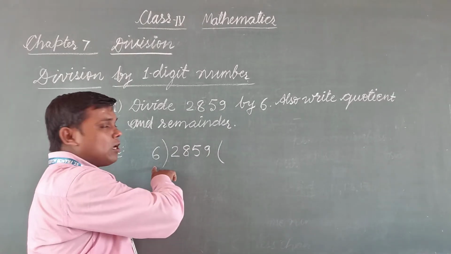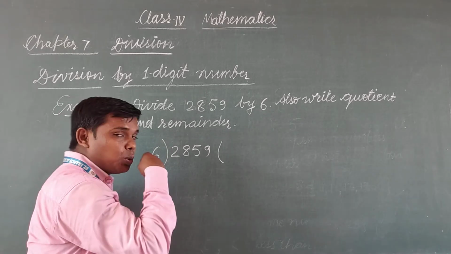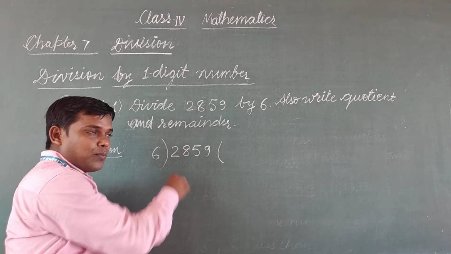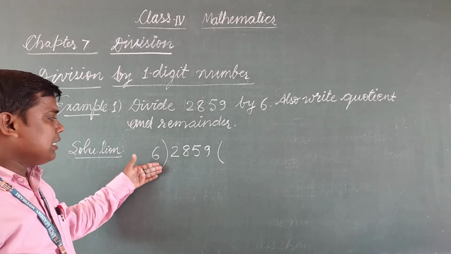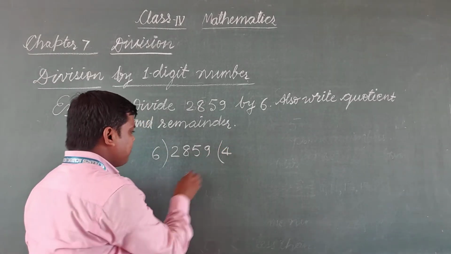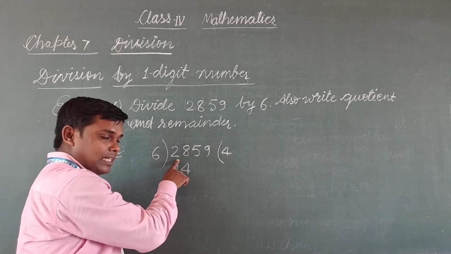We read table of 6 to reach near 28. When we read table, then 6 4s are 24, which is near to 28.